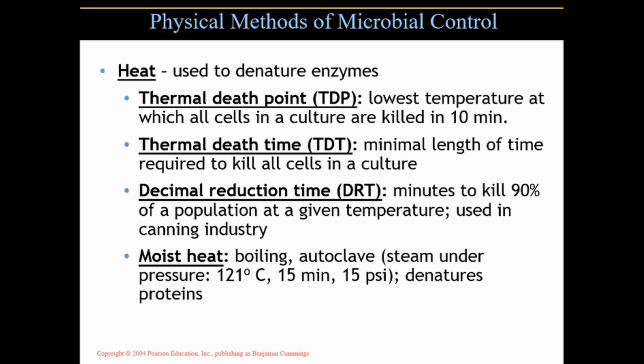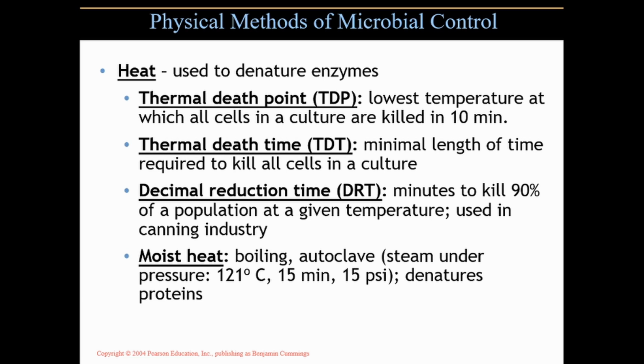Moist heat would be, well, we've got water, boiling, or using the autoclave, which is extremely effective. Steam under pressure, 121 degrees Celsius, that's about 250 Fahrenheit, for 15 minutes at 15 pounds per square inch pressure. So this is heat or steam under pressure.